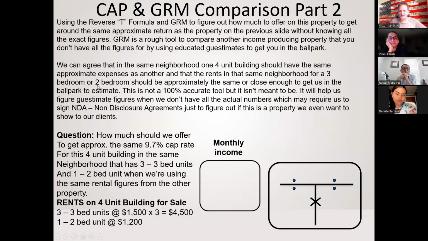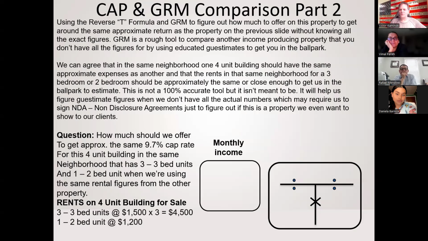It could vary a little bit, but they're going to be roughly in the same ballpark. You're not going to see huge swings in the rental rate. So it's not an exact figure. It's not meant to be. It's meant to be a ballpark figure so we could calculate the details on the property without knowing all the exact figures.